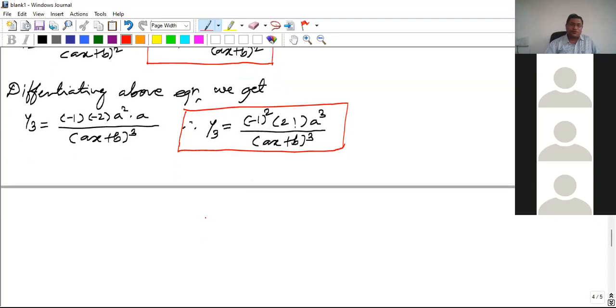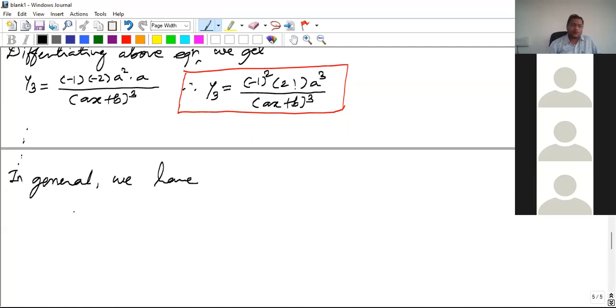If you have got a pattern, then let us write it. In general, we want to find the nth derivative.